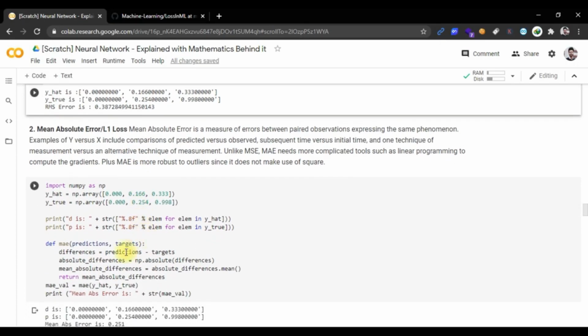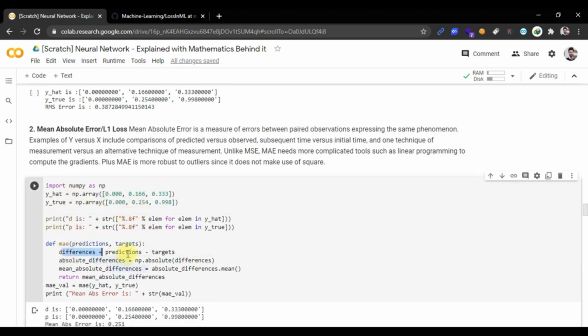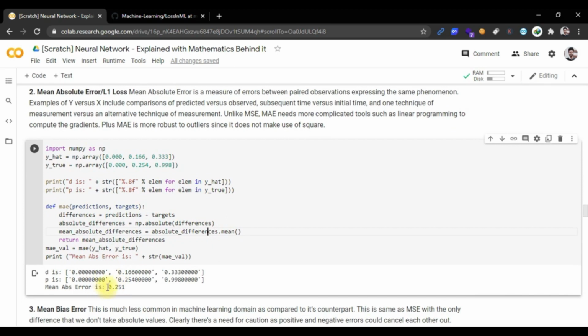So as you see, we have our values here, and it gets the absolute differences from here, and then it gets the mean. After getting the mean it gives the output. This is the simplest form of explaining the mean absolute error, but if you go into the depth of it, you need linear programming and other things to do with it.